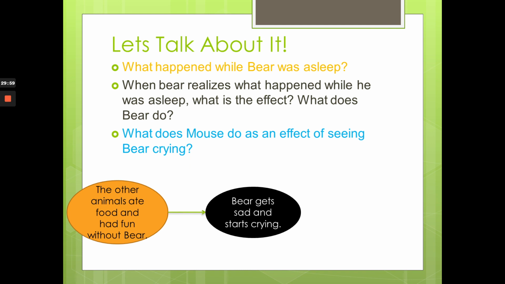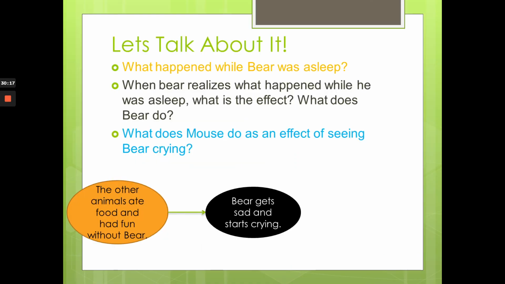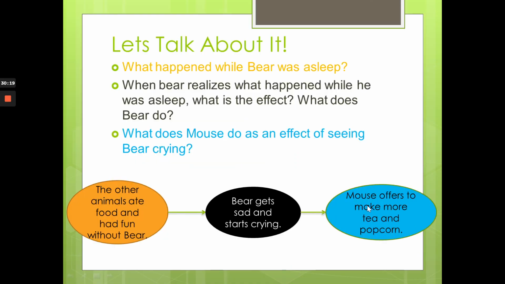What does Mouse do as an effect of seeing Bear crying? What does Mouse do? Mouse squeaks, don't fret, don't fuss. Look, see, we can pop more corn. We can brew more tea. So Mouse offers to make more tea and popcorn for Bear.